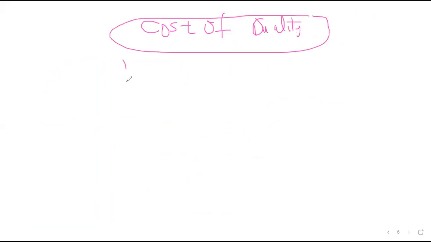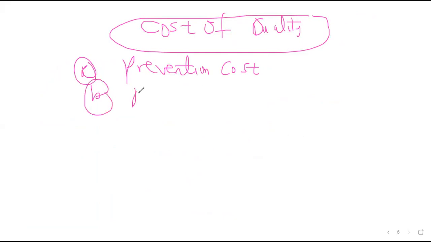We have prevention cost. Then we have appraisal cost. We have internal failure cost.